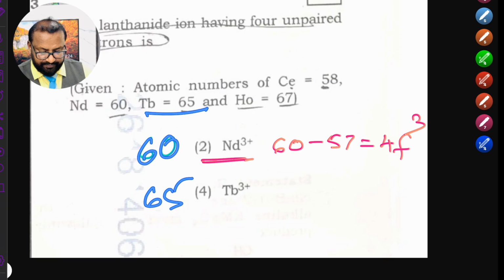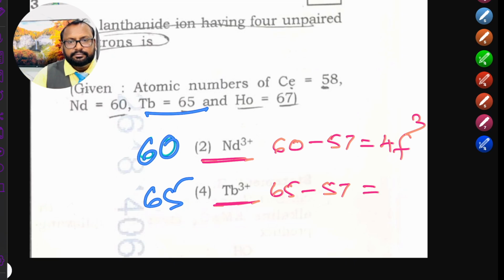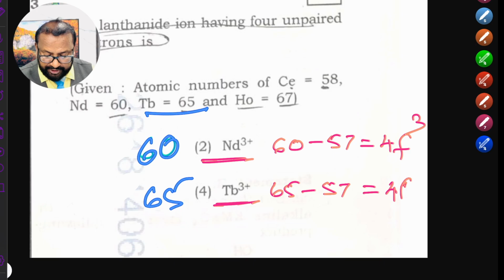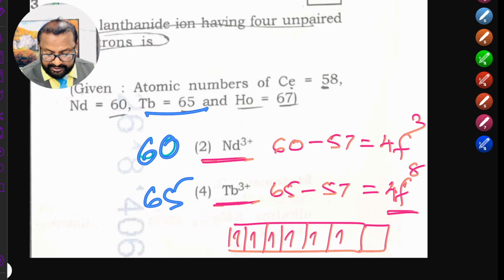Terbium plus 3: it is 65 minus again 57, so the 4f8 configuration will be there. 4f8 will have how many unpaired electrons? We have 1, 2, 3, 4, 5, 6, here is 7 and here is 8. So 6 unpaired electrons are here.